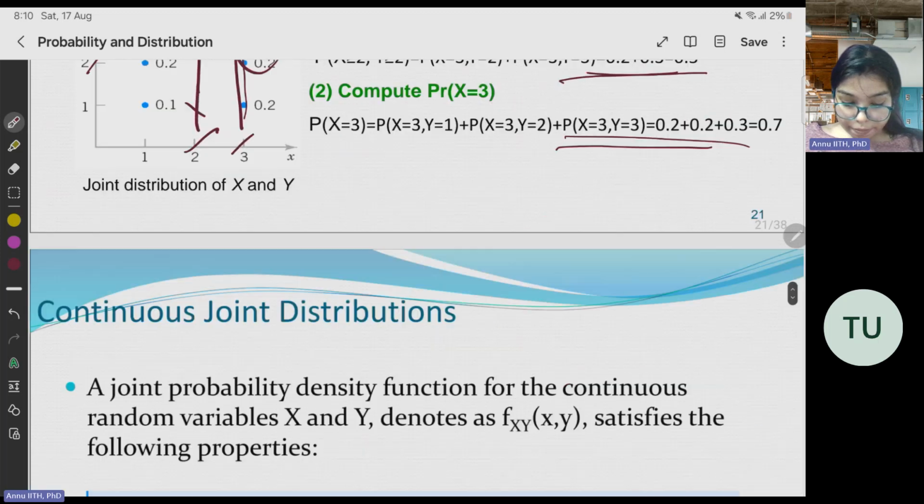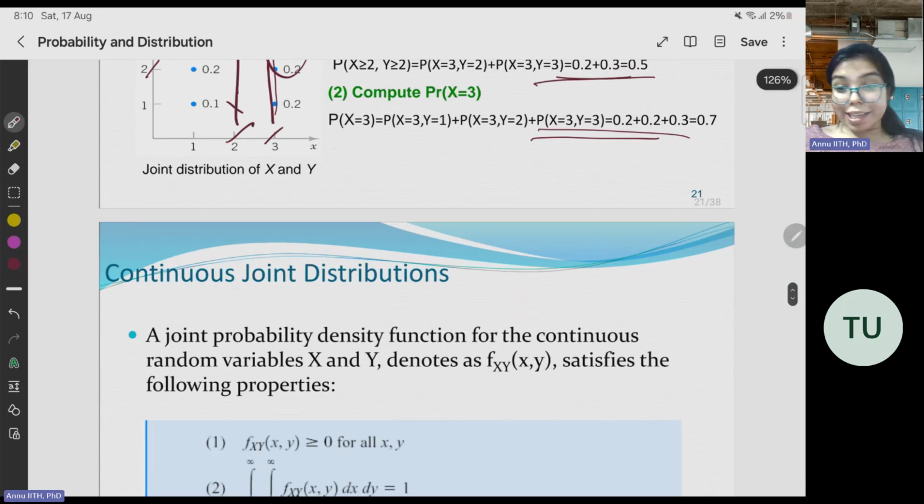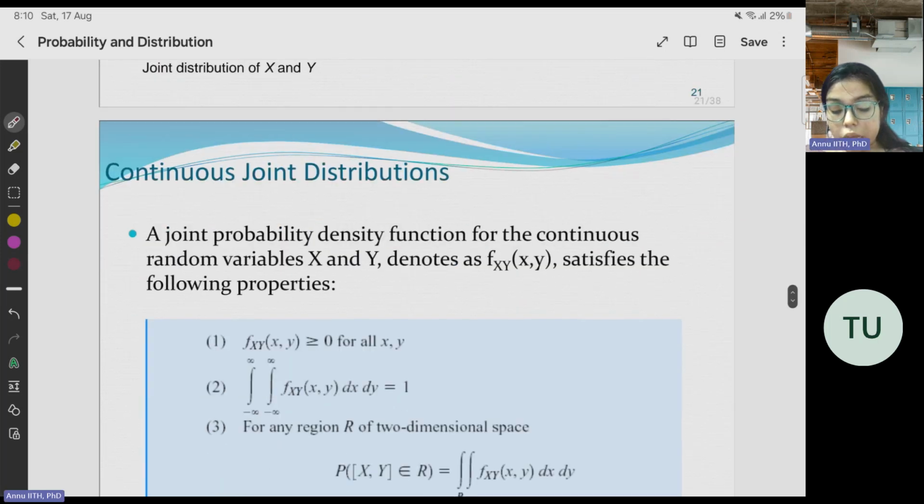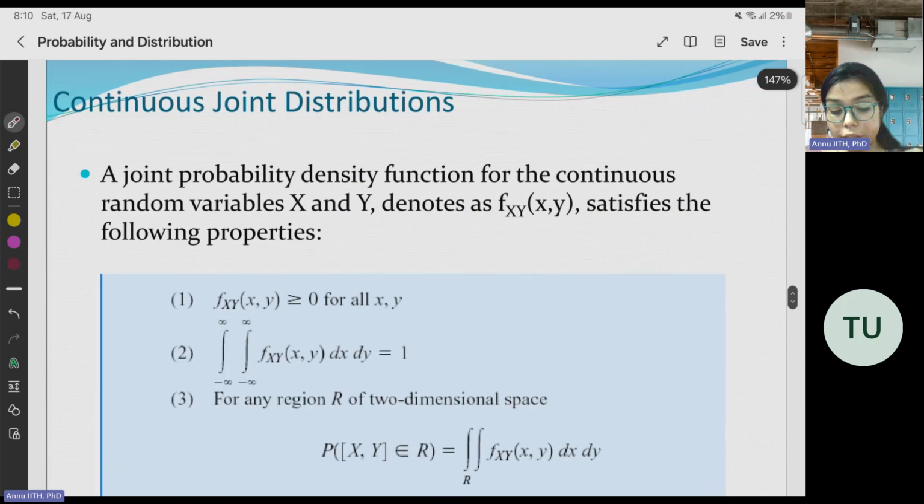Yeah, all the sum. Now, if it is asked for the continuous distribution, sometimes it's very easy to see for discrete, but it is very difficult to realize for the continuous. Okay. A joint probability density function for the continuous random variables x and y, denoted as f of xy, satisfies the following properties.